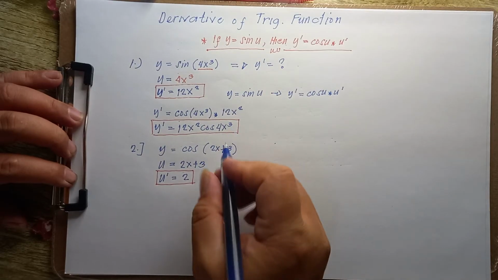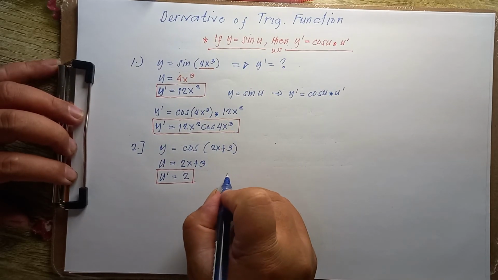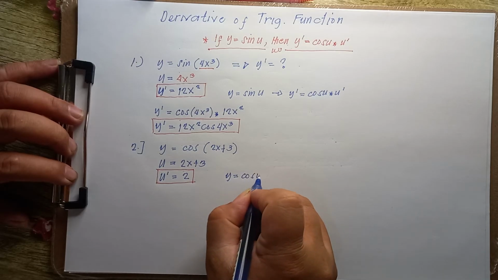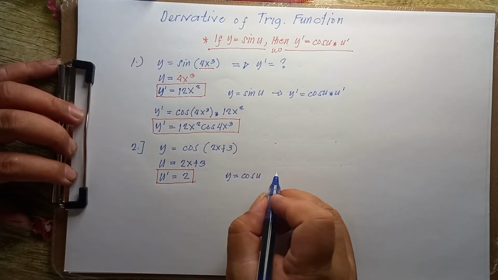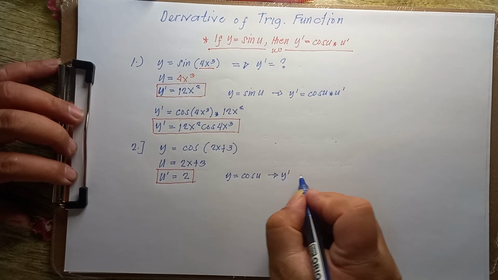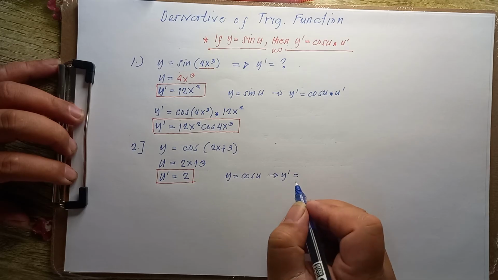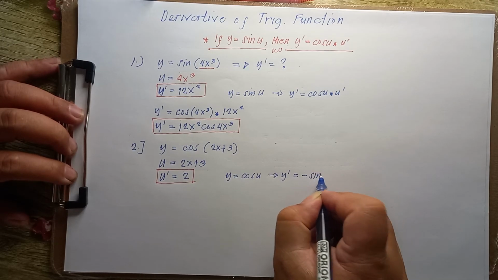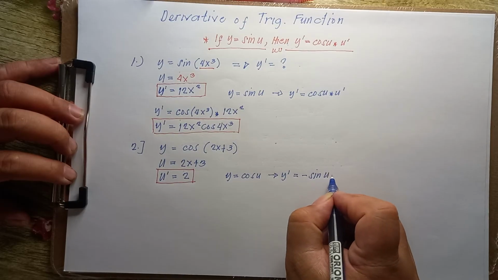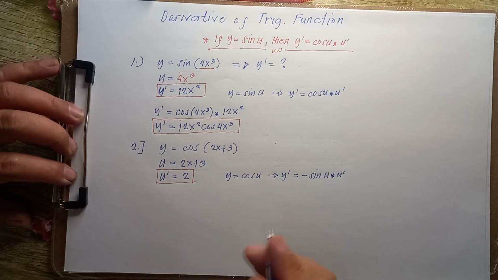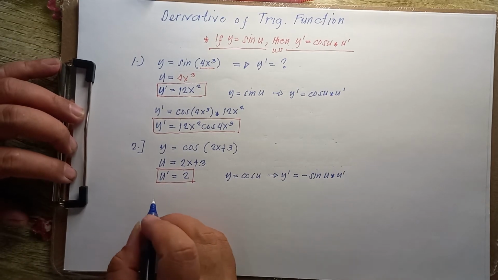Now what is the rule? It says in here, the rule says that your y, which is cosine u, the result will always be y prime is equal to negative sine u times the derivative of u, which is u prime. So let's try to have the final answer.